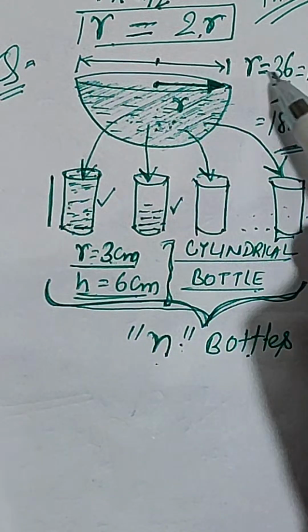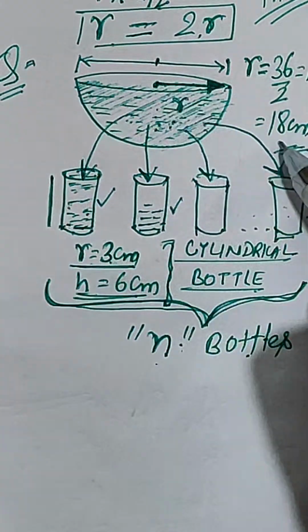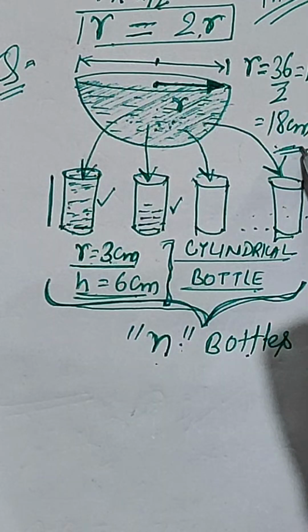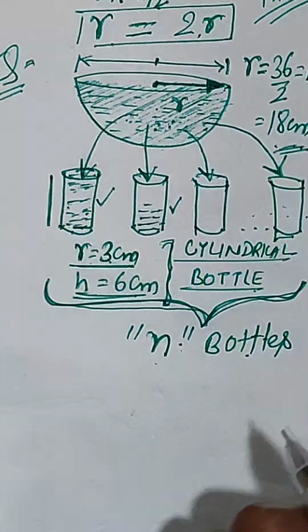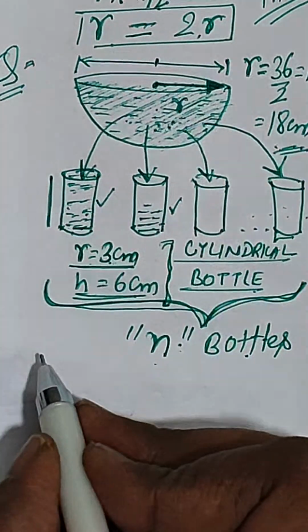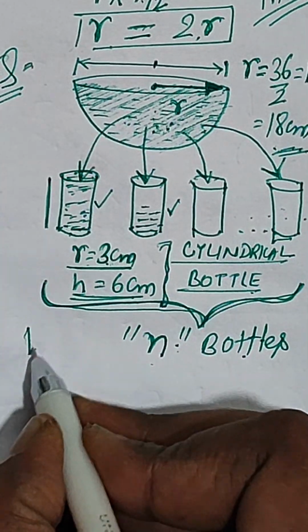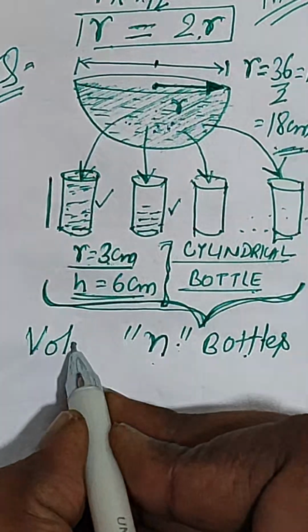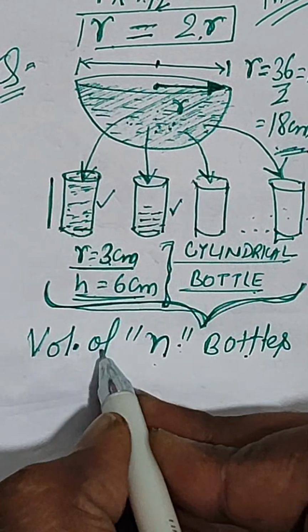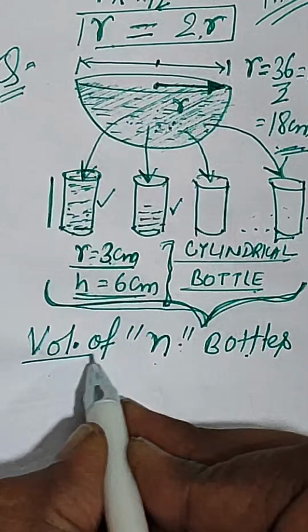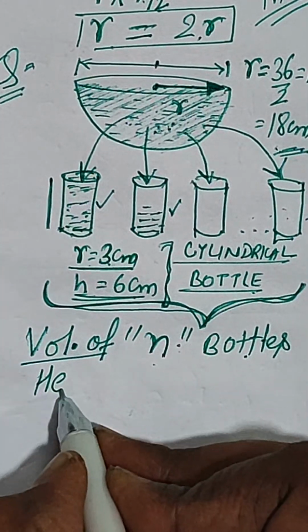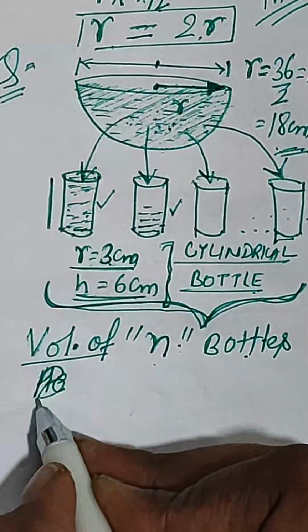You can see the internal radius is calculated as 18 centimeter from the diameter. So what we can do, this is a hemispherical bowl. So we can say the liquid contained inside the hemispherical bowl is equal to the volume of, let me write bowl, simply bowl.